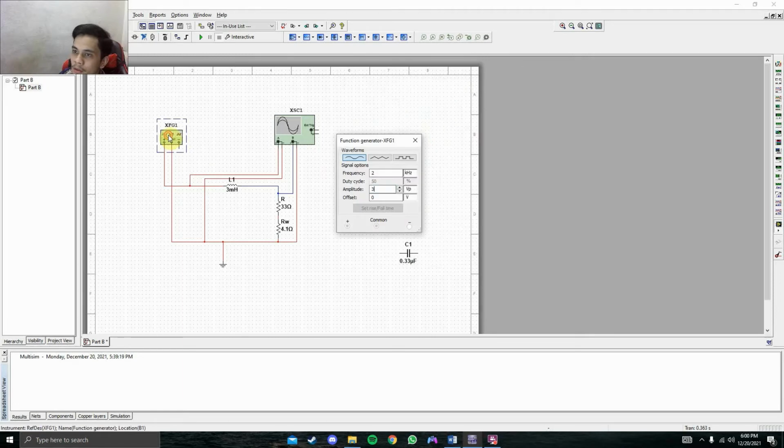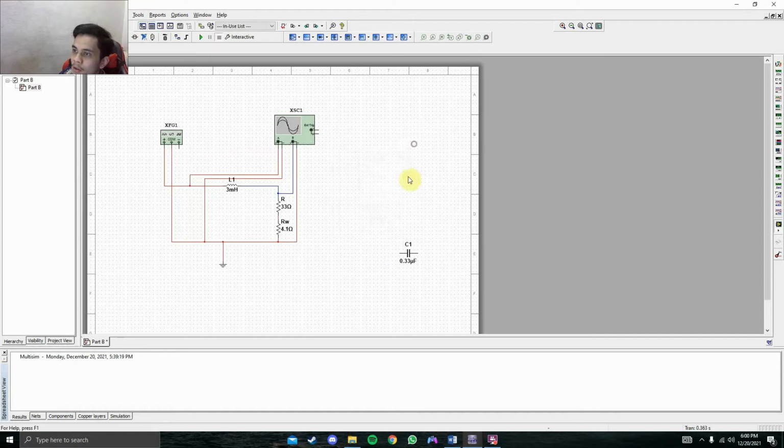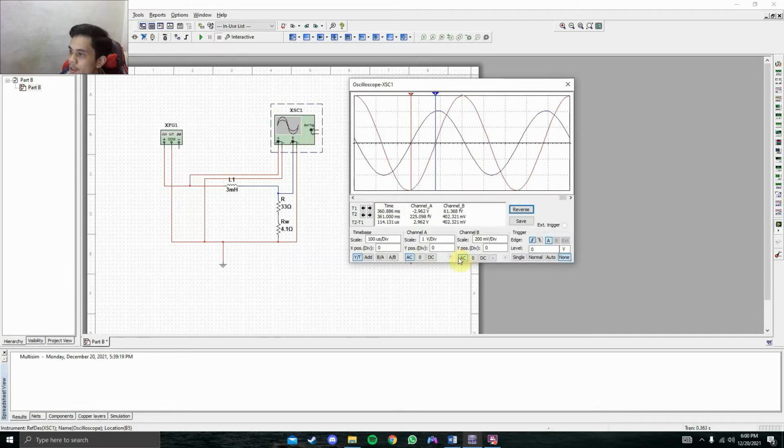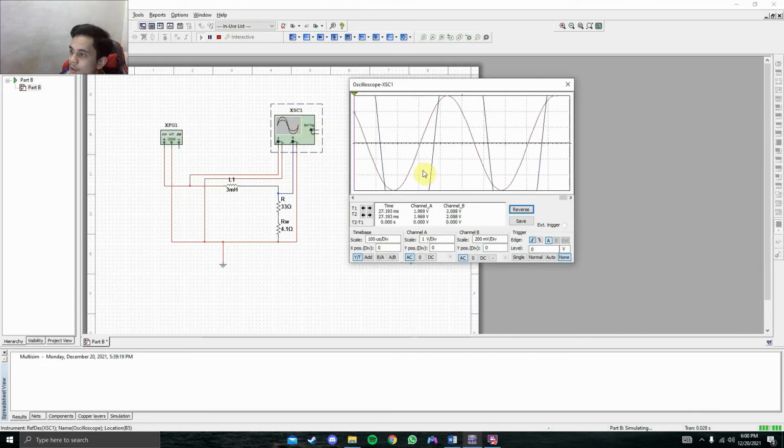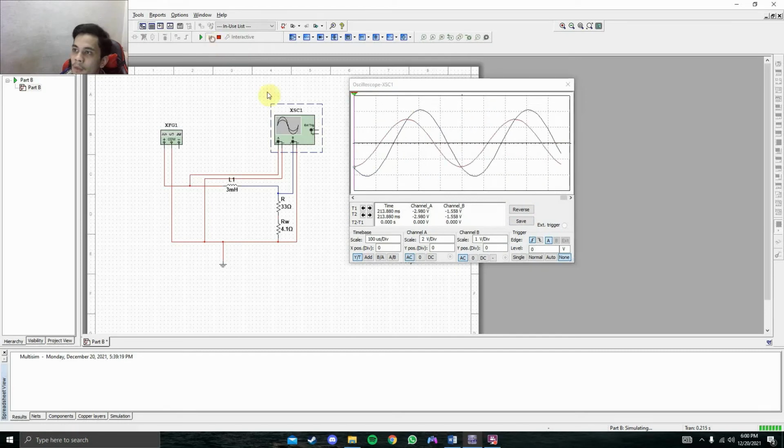We set the frequency to 2k Hz, and then amplitude 3 Vp, then set AC for both channel A and B, and then we run first. Play with the scale for channel A and B. Okay, pause it, and then it will be like this.